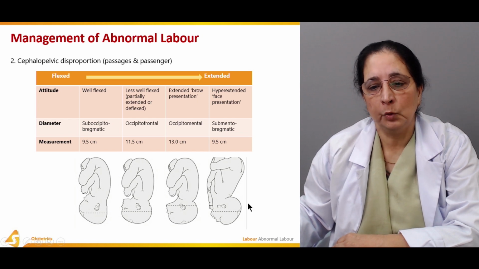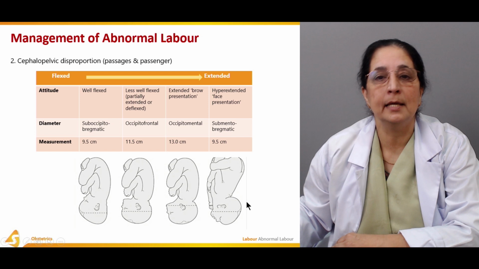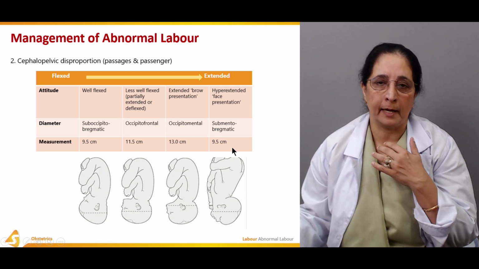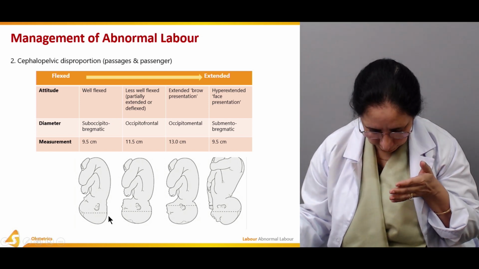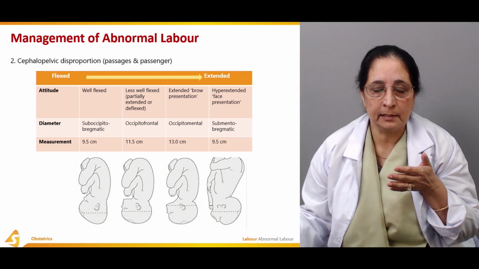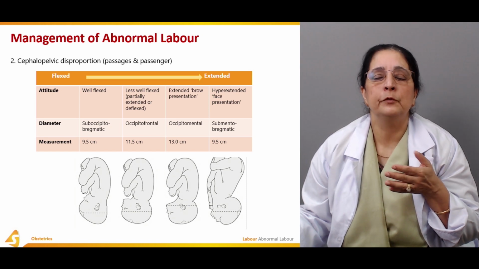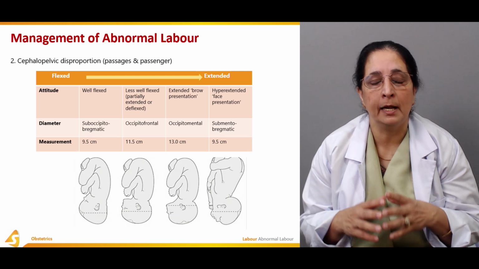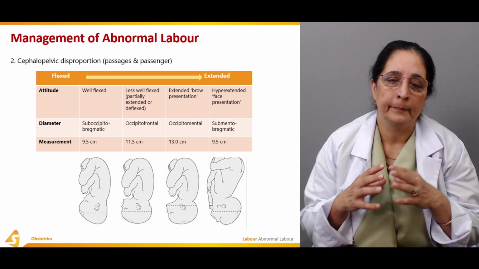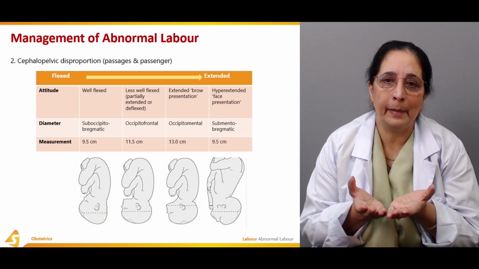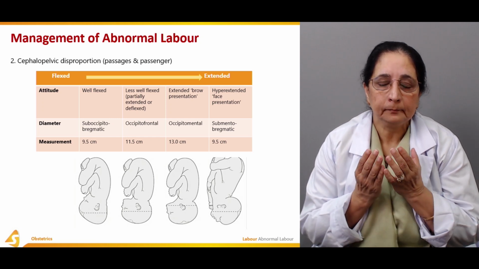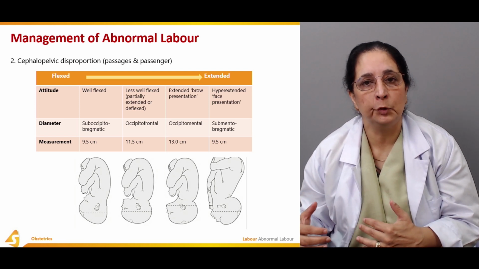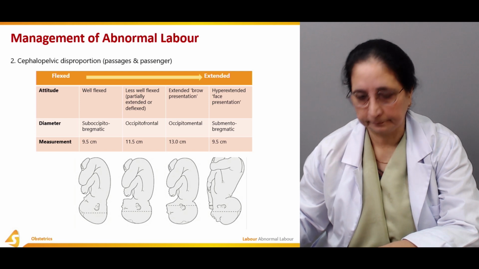In the submento-bregmatic, you can see the head is fully extended, and the diameter is 9.5. So from flexion to less flexion to extended position, the diameters and presentations are different, and depending on the measurements of the pelvic outlet, the delivery should be managed accordingly.